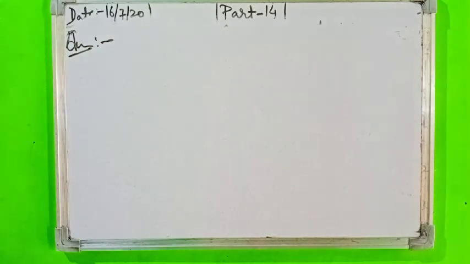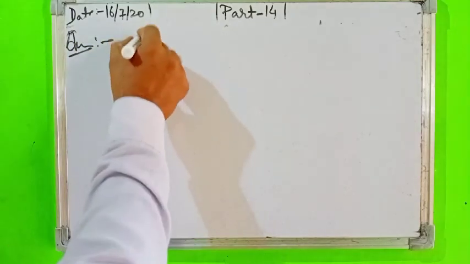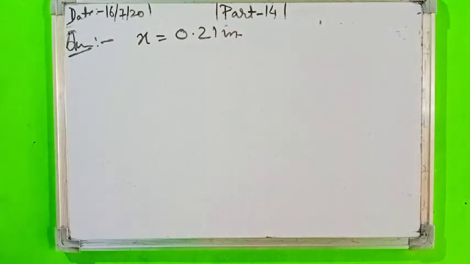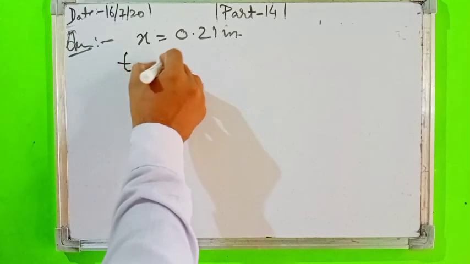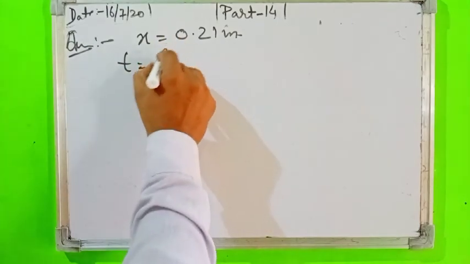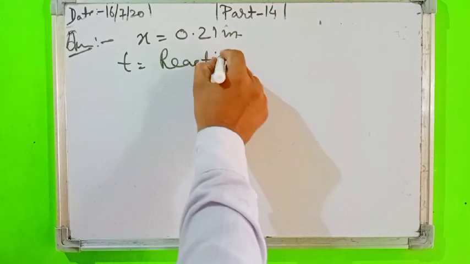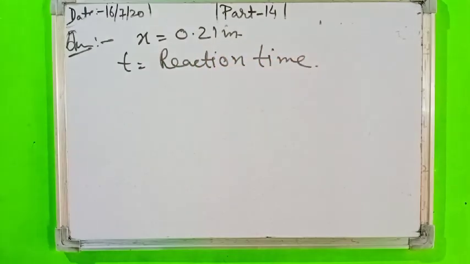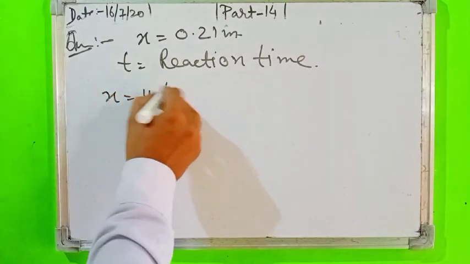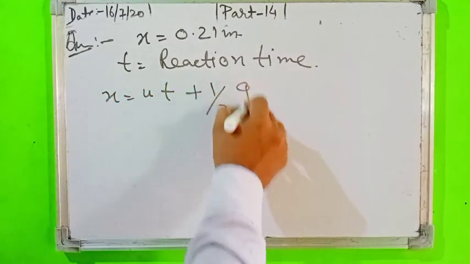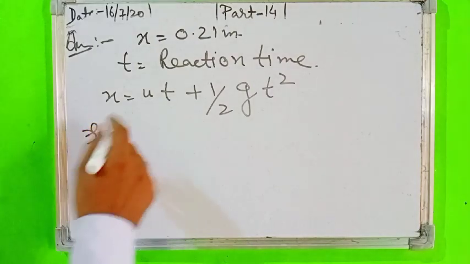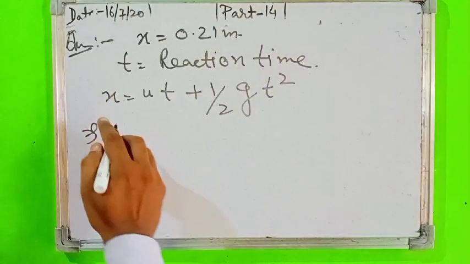Here, the distance traveled x is given as 0.21 meter. Suppose t is equal to the reaction time, then x is equal to ut plus half gt square. Since it is the case of free fall, g we will take 9.8, and it has been released from rest, so u is equal to 0.